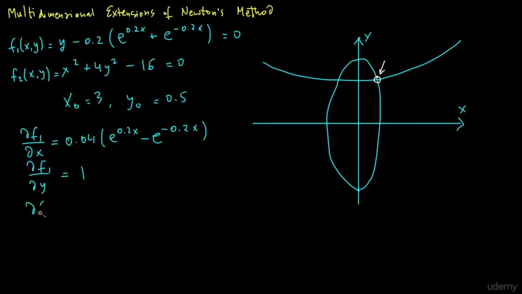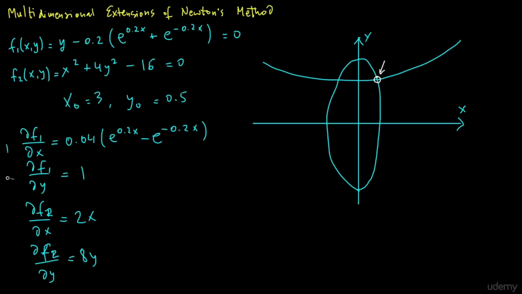And then the partials of f2. First of all, df2 by dx is going to be equal to 2x, because the only term with x is the x squared here. And then the partial df2 by dy is going to be equal to 8y, because once again this is the only term that contains the y.